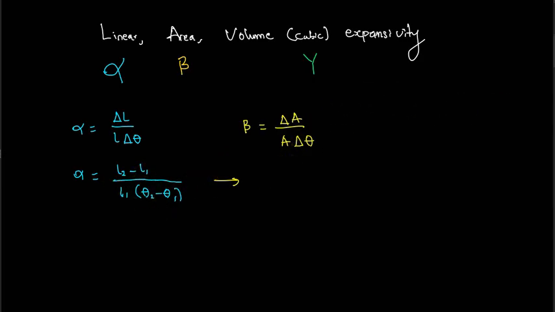Then for volume expansivity, we have gamma is equal to change in volume all over unit volume times what? Change in temperature. Now the relationship between alpha, beta, and gamma is as follows. Beta is equal to 2 times linear expansivity, and gamma is equal to 3 times linear expansivity.